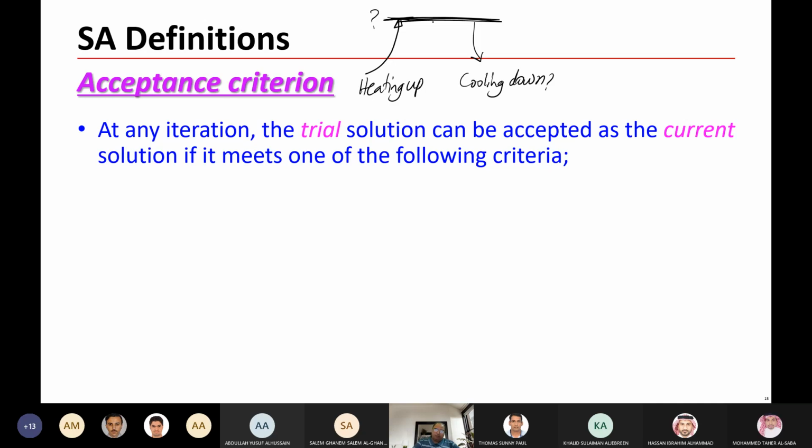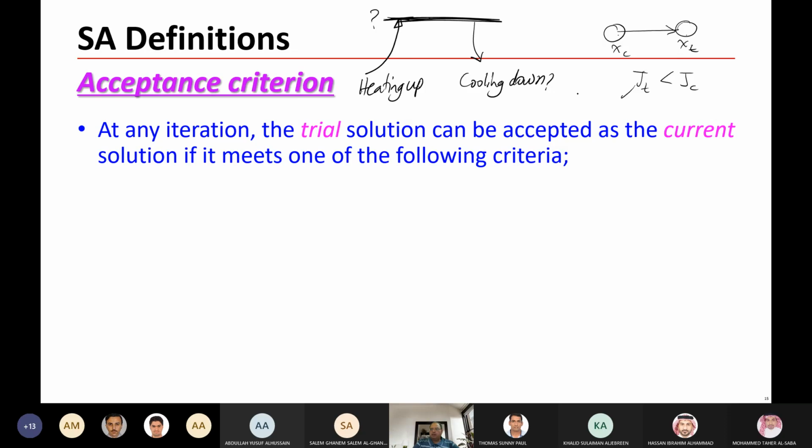We can reach to this temperature by defining what is the acceptance criteria. Acceptance criteria: at any iteration, the trial solution can be accepted as the current solution if it meets one of the following criteria. As we mentioned, in any current position, we will create a trial solution. So this is X trial and this is X current. If the objective function Jt less than Jc, we will accept it right away.